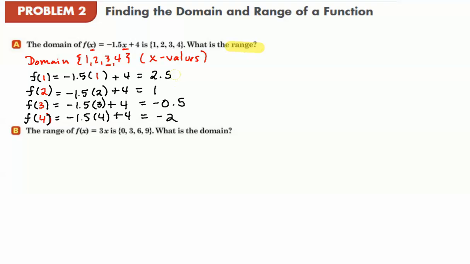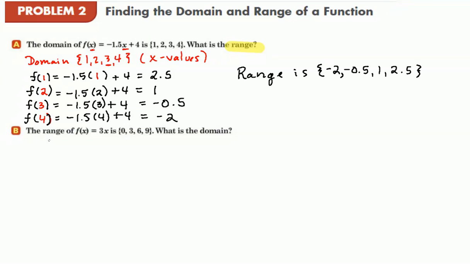So our range is going to be these values right here. The way we want to write that is we're going to say range is, and then we're going to put a little bracket, and we want to put these numbers from least to greatest. So our answers are negative 2, that's the least, negative 0.5, 1, and then 2.5. And there's our answer to problem A.